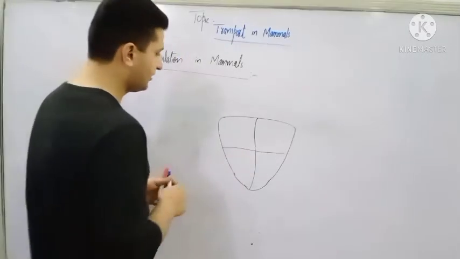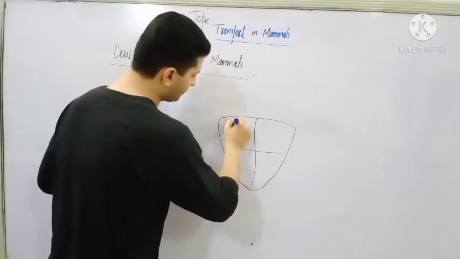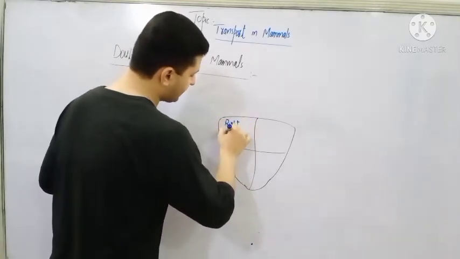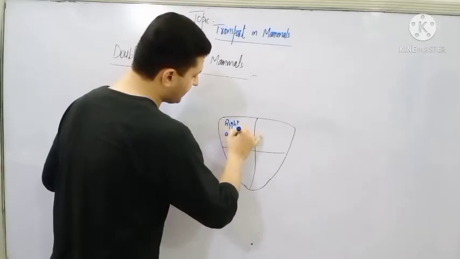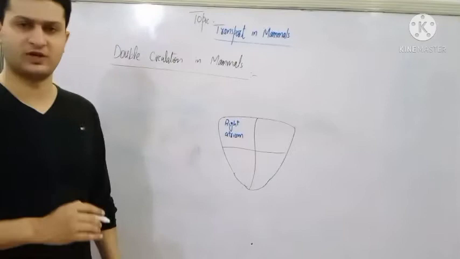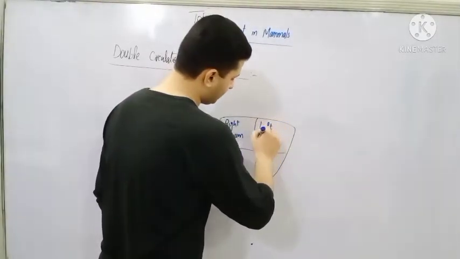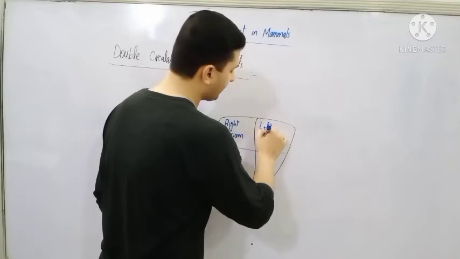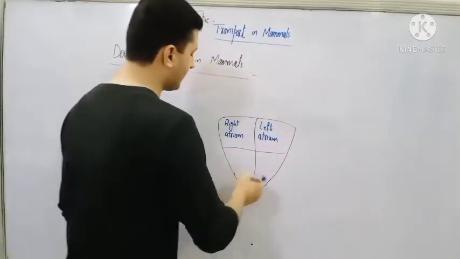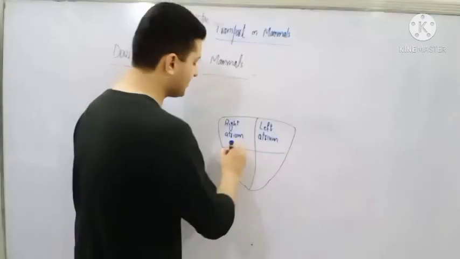So this is the right atrium. Atria is the plural and atrium is the singular. And this is the left atrium. And lower two chambers are known as ventricles. Singular is ventricle.